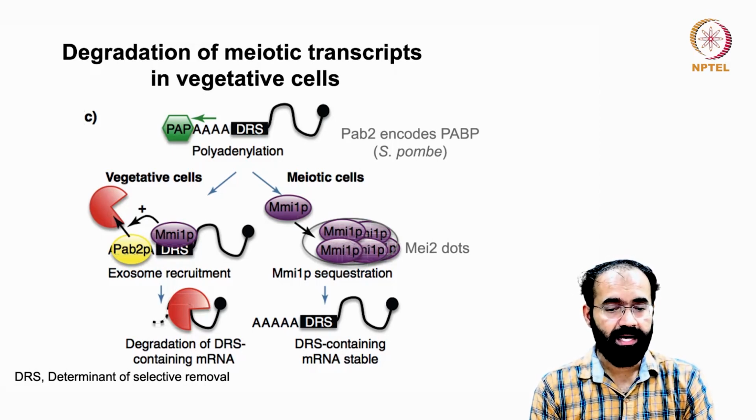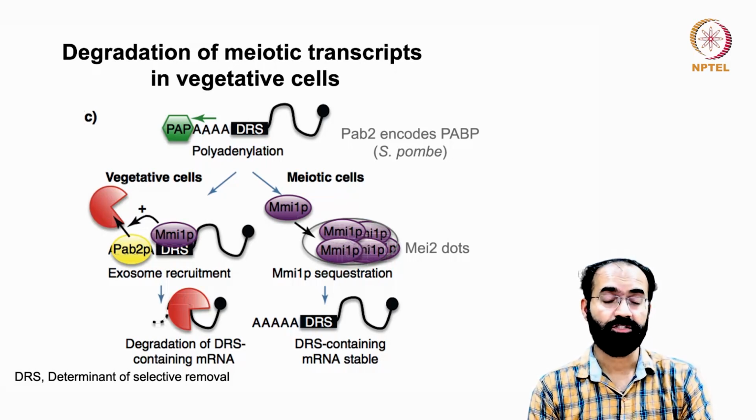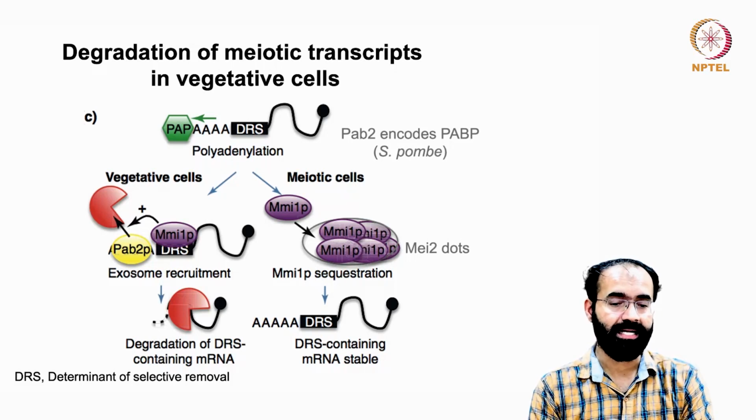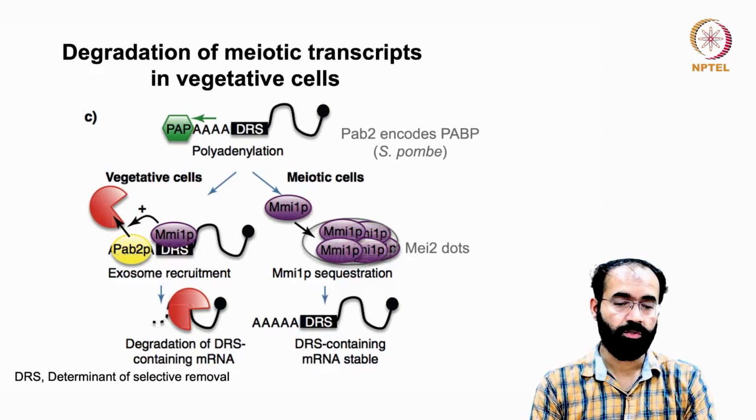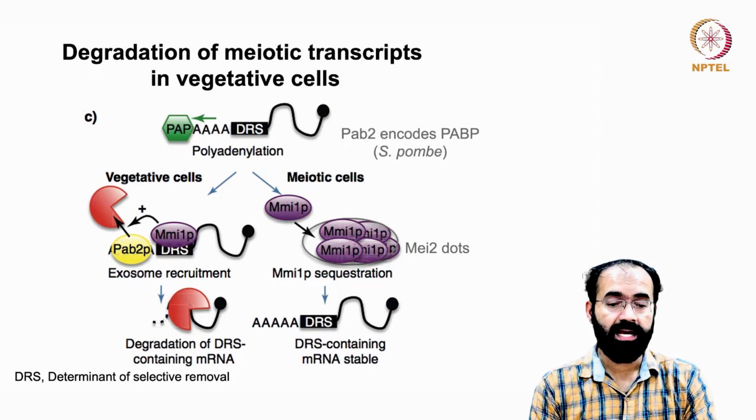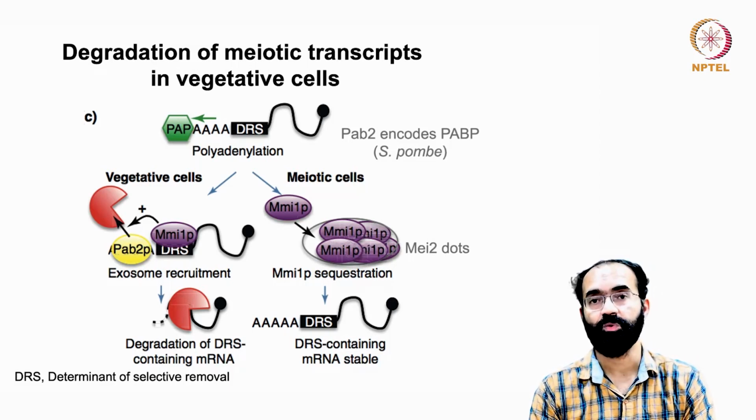So, if DRS is bound by MMI1P and PAB2P can get influenced by this, the exosome will get recruited and you will end up getting a degraded RNA.